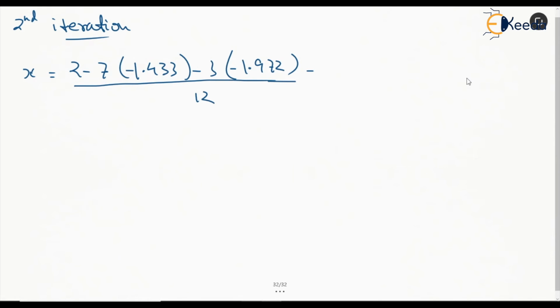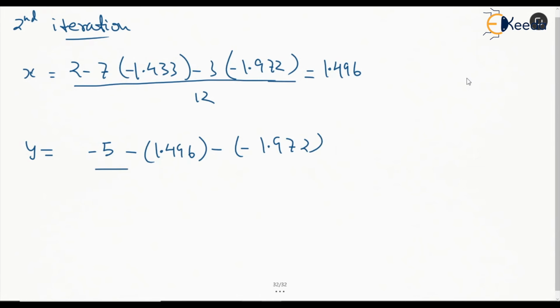So the latest value is 1.496. Similarly, y will be minus 5 minus of x. Now x value is 1.496, minus of z. So z is still having the last iteration value, which is minus 1.972, divided by 5, and this is minus 0.904.